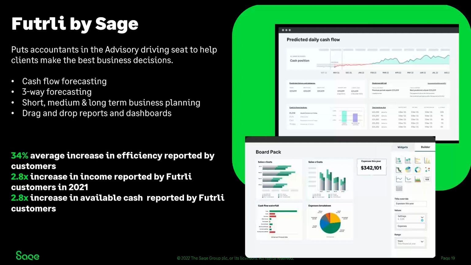Just a couple of numbers: the average increase in efficiency reported by Futurely customers was 34%, and a 2.8 times income increase and available cash reported by the customers.